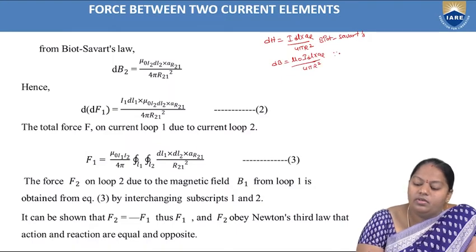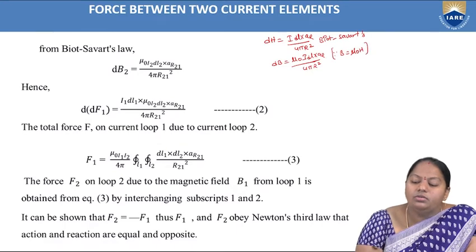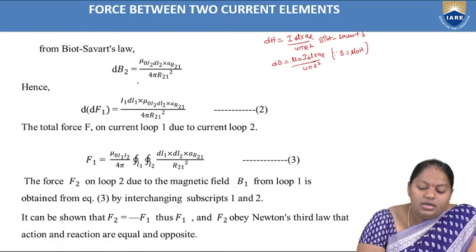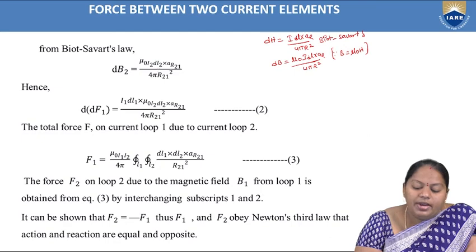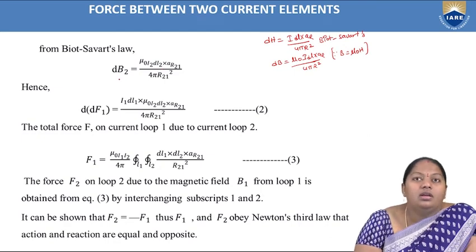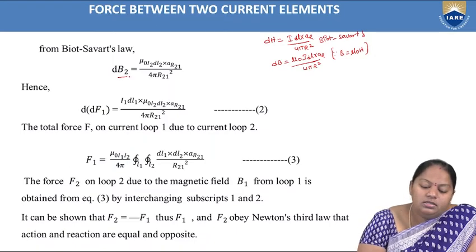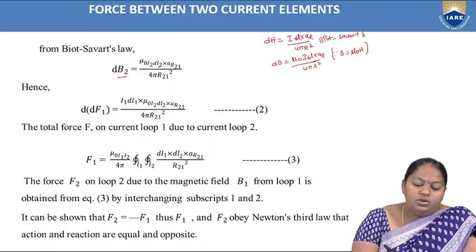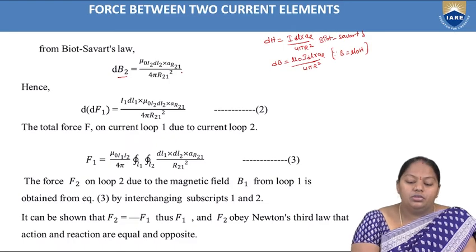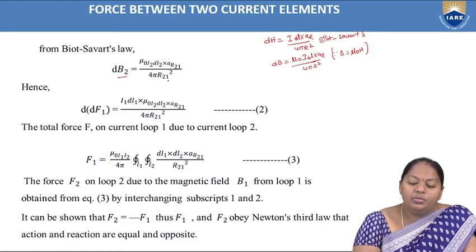Why? Because we know that the B and H relation is B equal to mu naught into H. Hence, dB2 equal to mu naught I2 dl2. Why? Because we are writing the equation with respect to field 2. Hence, dB2 equal to mu naught into I2 dl2 into aR21 by 4 pi R21 whole square.